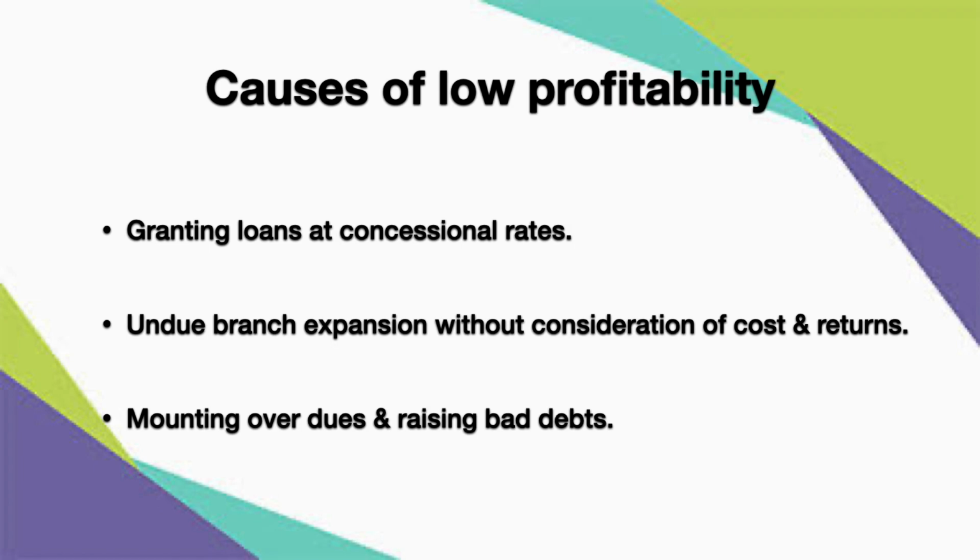Have you heard about doubtful debts? That's another case where you're doubtful about whether the person may or may not pay back the money. So mounting overdues means people have taken the loan and have neither paid interest nor paid the principal amount. Even after repeated notices that you're sending by post to their home, saying you're supposed to pay so and so amount by so and so date, etc., if the persons do not turn up to pay, that is called an overdue.